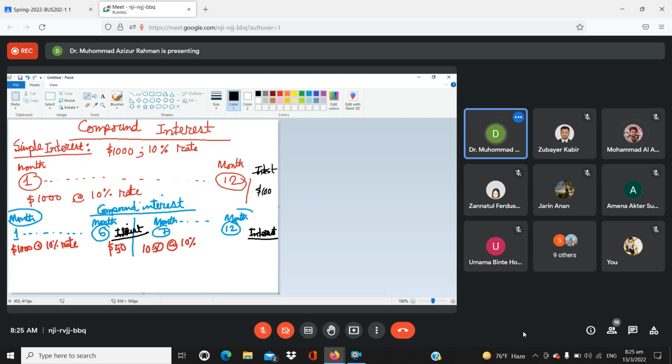So you are investing $1,550 at 10% rate for 6 months. So after 6 months, that means from 7 to 12, what will be your interest? For this, 52.5.